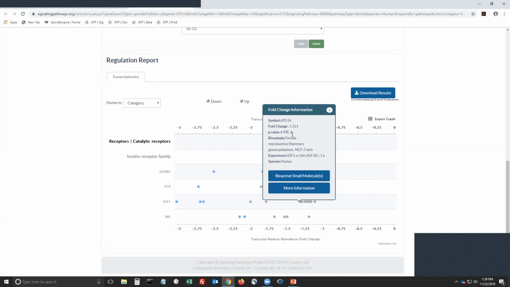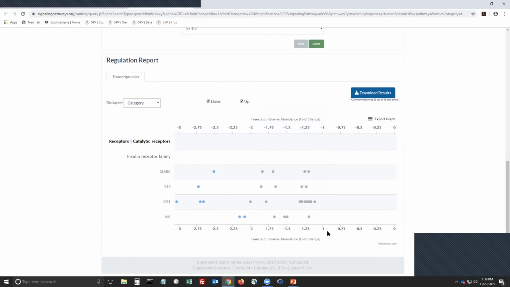The fold change is 1.3, even though that p-value is significant, still it's not a very big fold change. However, if you take the sum of all the data points which you can visualize in SPP, now a very clear and consistent pattern emerges, and that is the autophagy gene ATG14 is downregulated by insulin receptor signaling.